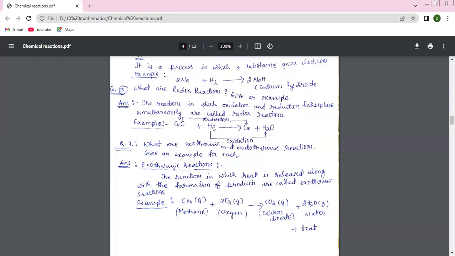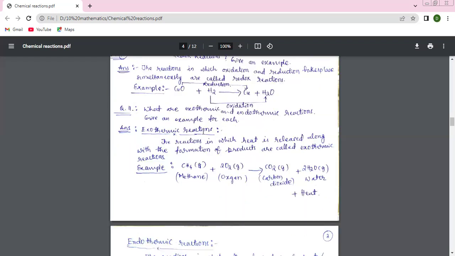Because to this hydrogen, oxygen is added, hence this is the oxidation reaction. And this is the reduction reaction, because here oxygen is removed, and hence it is called the reduction reaction. So when both types of reactions take place simultaneously, it's called the redox reaction.